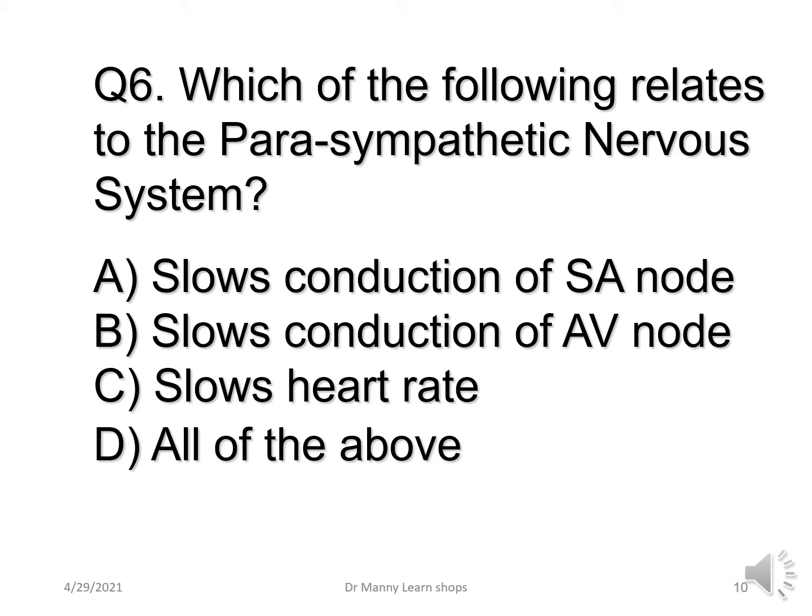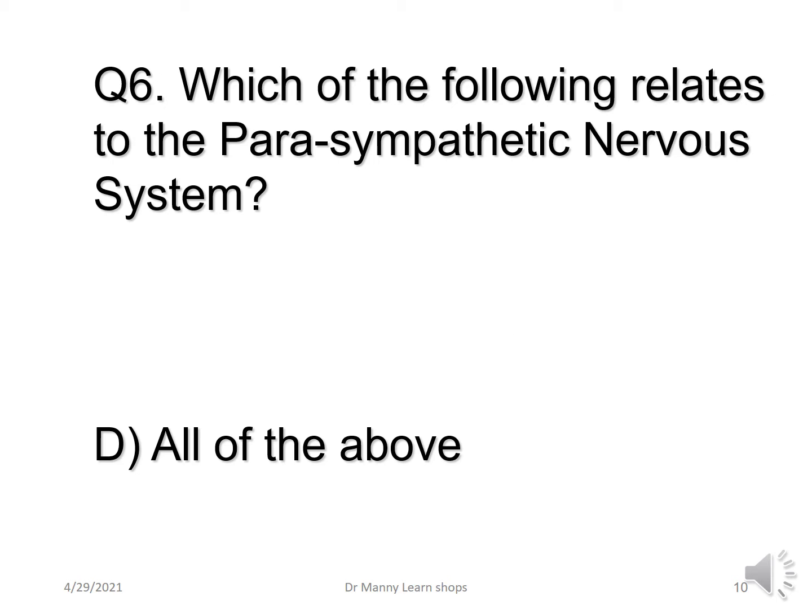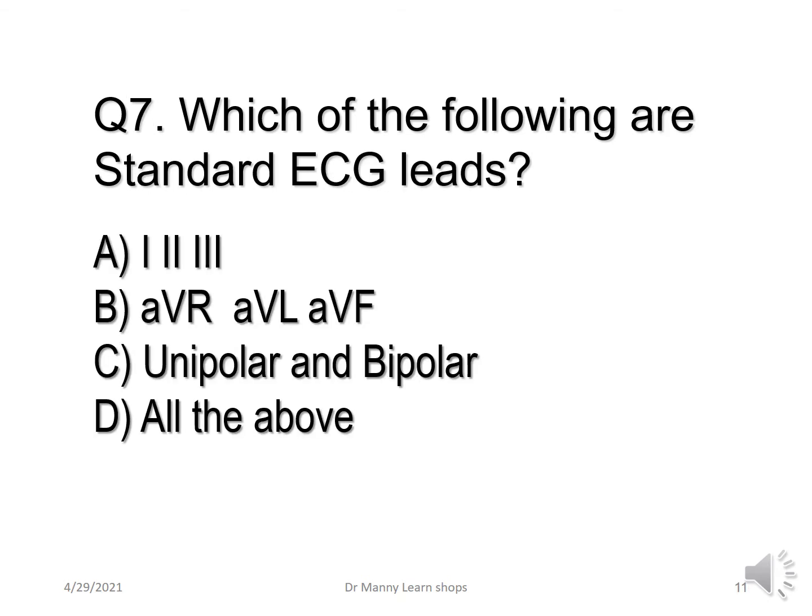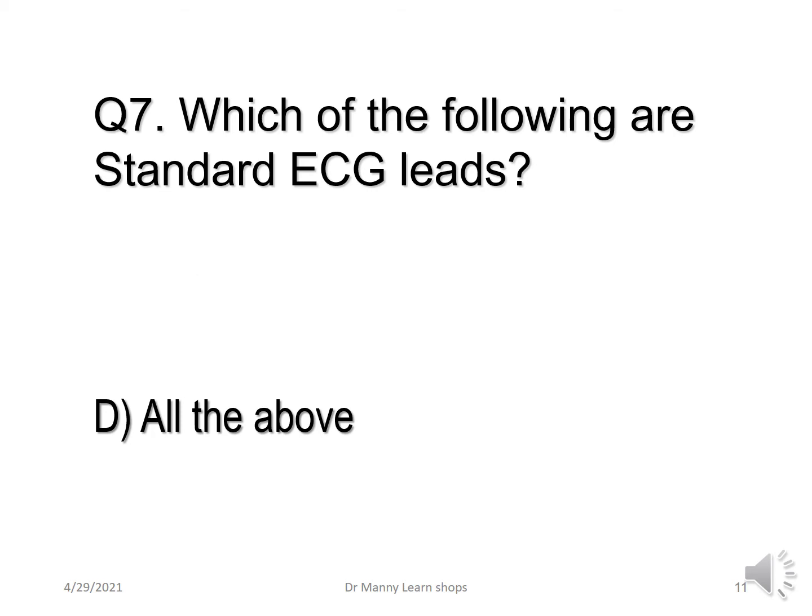The correct answer is all of the above. Which of the following pertain to standard ECG leads? A, B, C or D? The correct answer is all of the above.